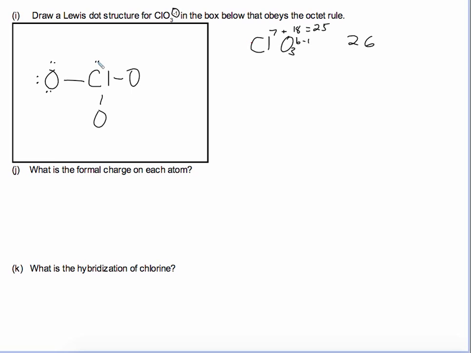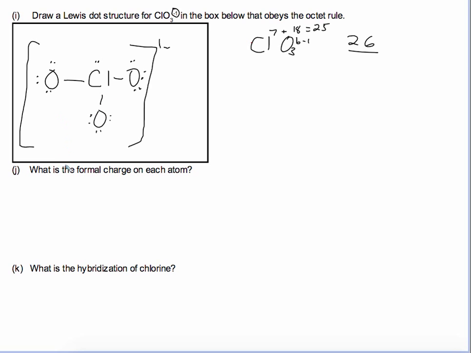Now everything has 8 around it, so then I'm going to count 6, 12, 18, 20, 22, 24, 26. Hey, that matches my number, so that's right. And then I'm going to put brackets because it's an ion and put the charge of the ion, which is 1 minus, on the outside of the brackets.